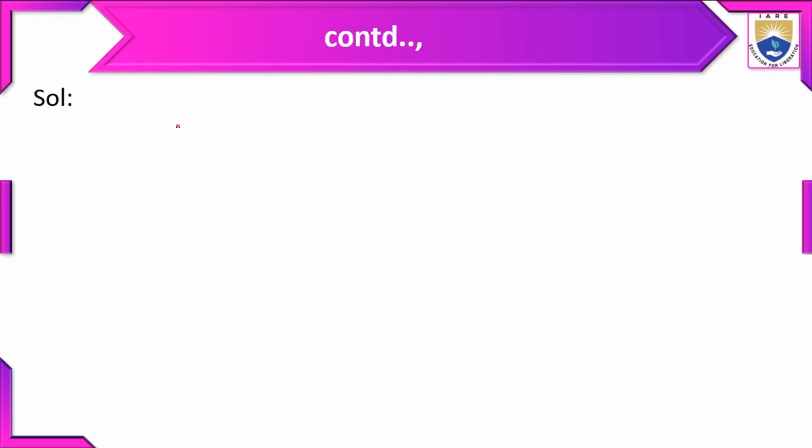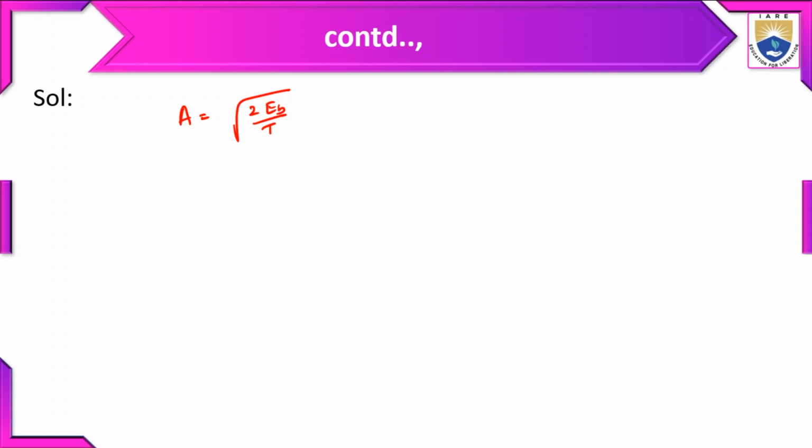First write the formulas. A square is equal to 2EB by TB. Or you can write, previously, EB is equal to A square TB by 2. By using the formula, we are rearranging to get the amplitude.